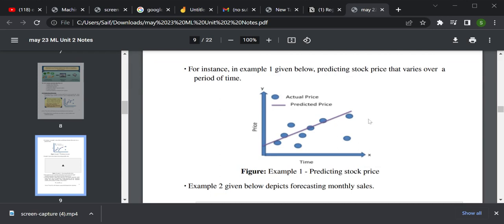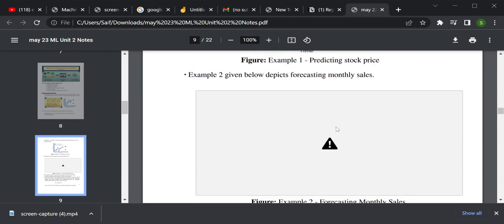This is actual price and this is predicted price. The line that is drawn is predicted price and the actual price is here. We take the average of this, and this line comes. No, k nearest. I thought it was in k nearest, but k nearest is a completely different concept.